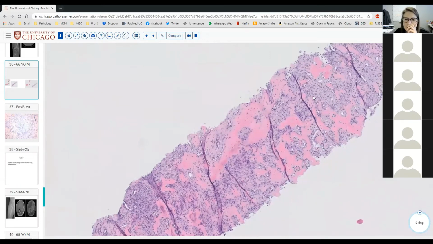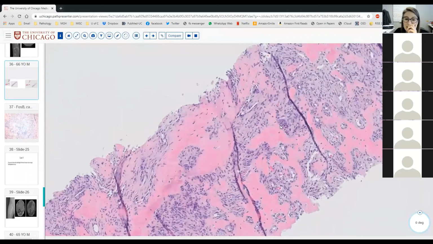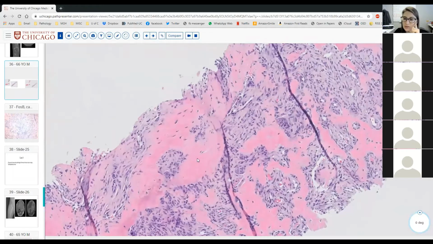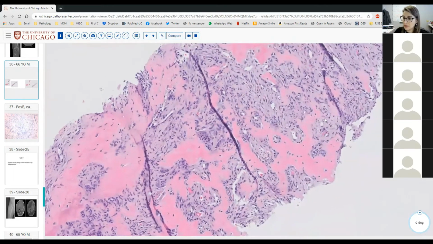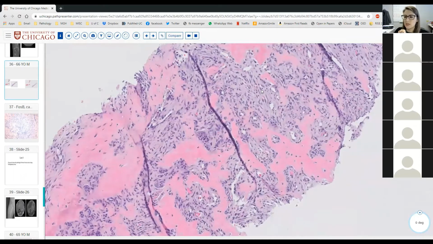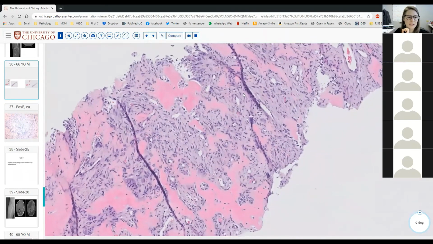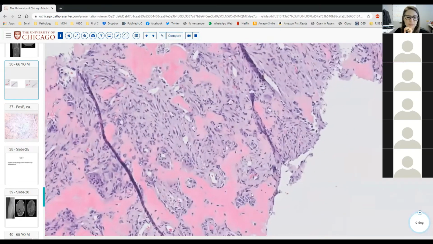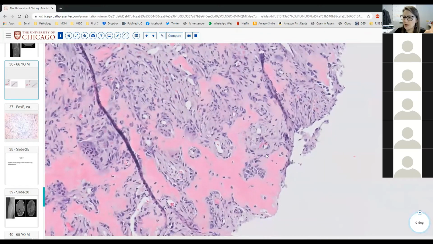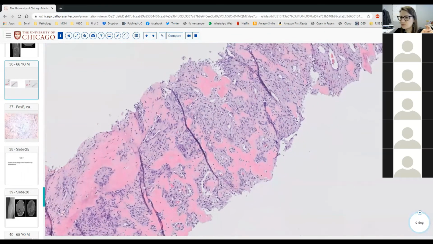Generally, fibrous dysplasia doesn't have osteoblast rimming and doesn't have giant cell osteoclast deposition. So if you were to see these osteoid spicules with a very, very paucicellular background without osteoclasts, without osteoblasts? Sure. But in this case, these cells are going to kind of push me away from fibrous dysplasia.